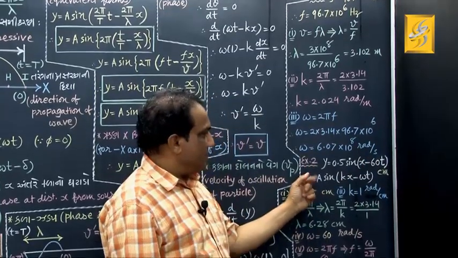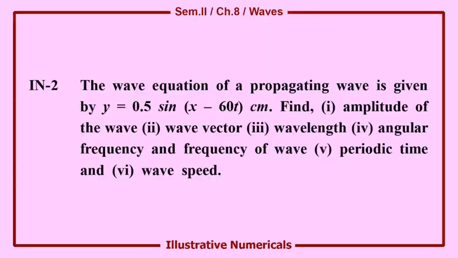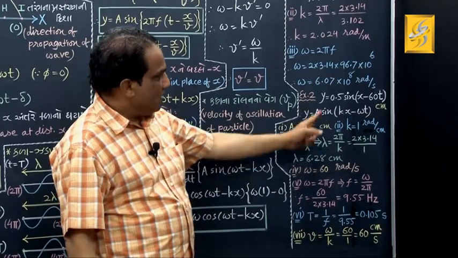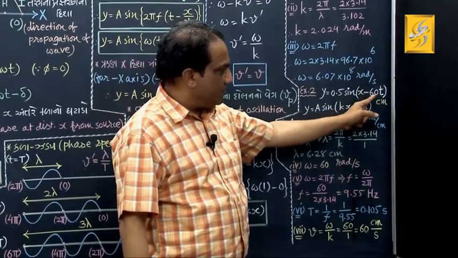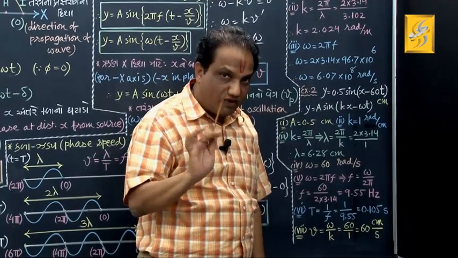Now kindly read the statement of illustration number 2. Look, y equals 0.5 sin(x minus 60 t), in centimeter, is the given wave equation.